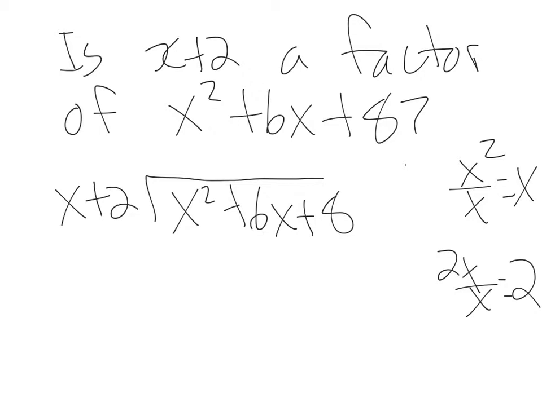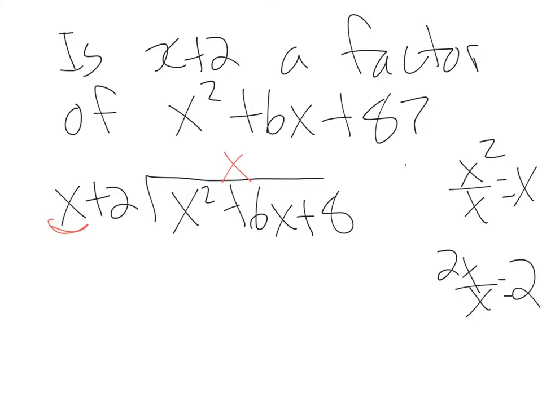What's the process? First thing I'm going to do is check how many times does x go into x squared. Well, x goes into x squared x times. Now I'm going to erase this over here.